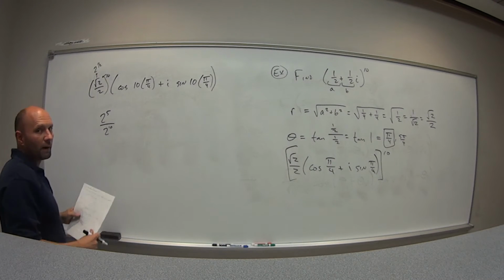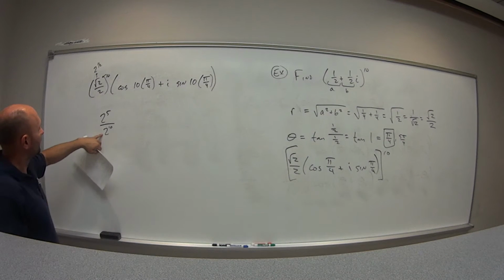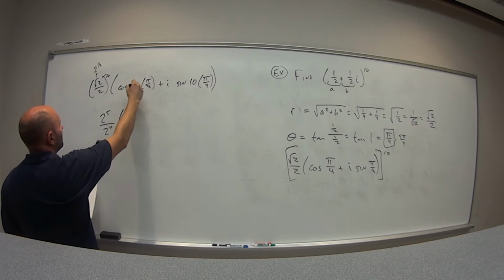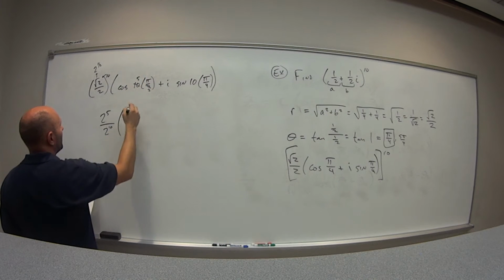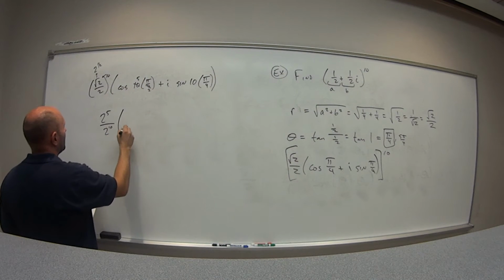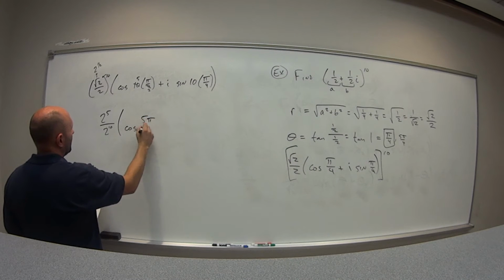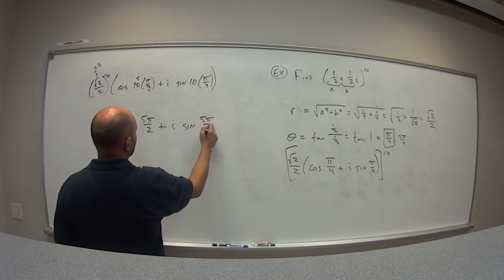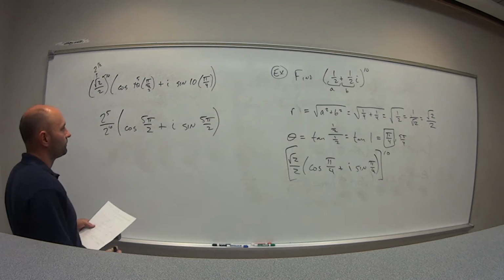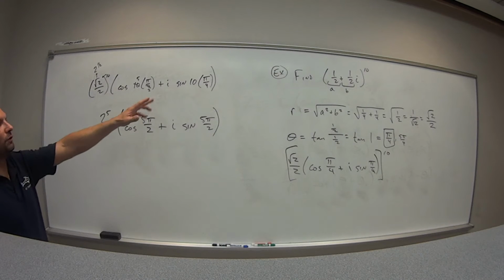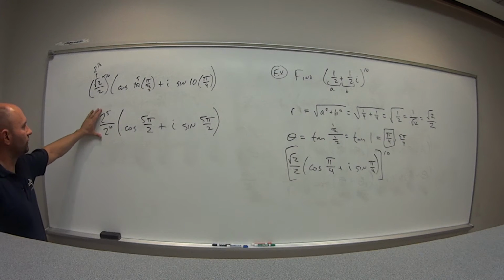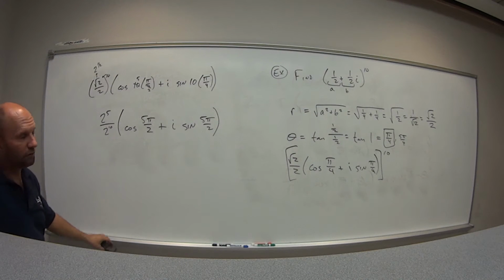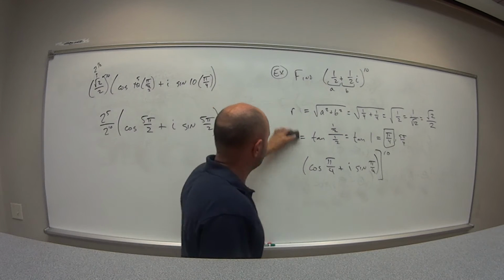So I get 2 to the 5th in my numerator and 2 to the 10th in the denominator. When I multiply 10 times 4 over 4, I get 5 pi over 2. So cosine of 5 pi over 2 plus i sine of 5 pi over 2. That's our original taken to the 10th power. So that's the application of DeMoivre's Theorem.